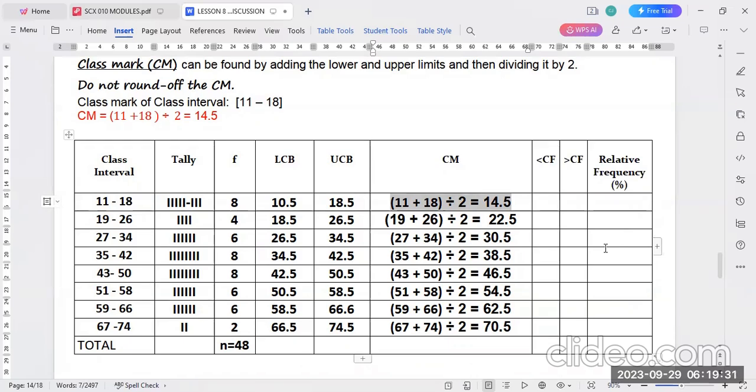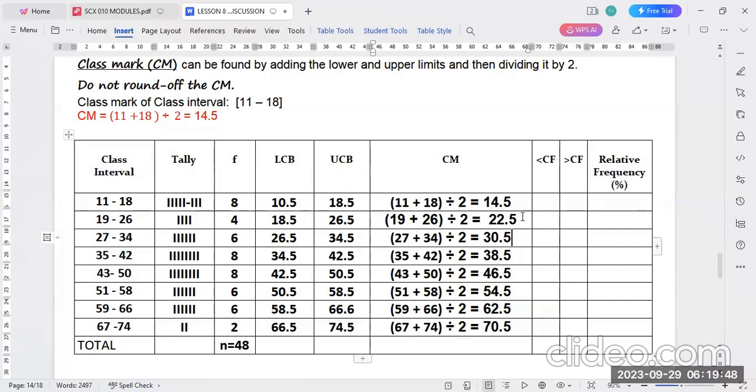Next one, we have 19 plus 26. Okay, 19 to 26. So, add the lower limit to the class limit. Okay, so 19 plus 26 divided by 2, that is equal to 22.5. Next, 27, 34.